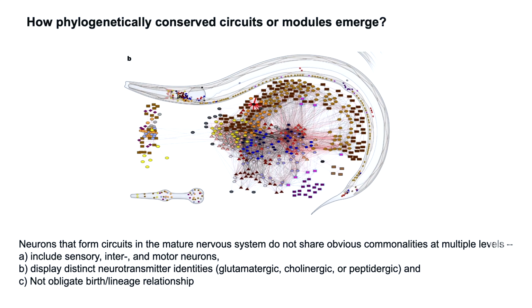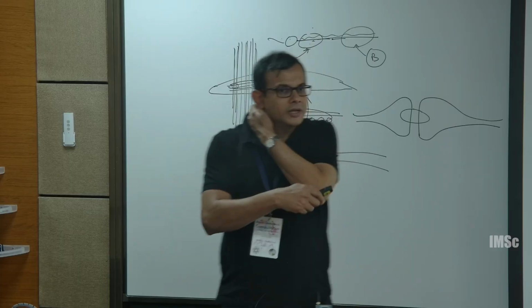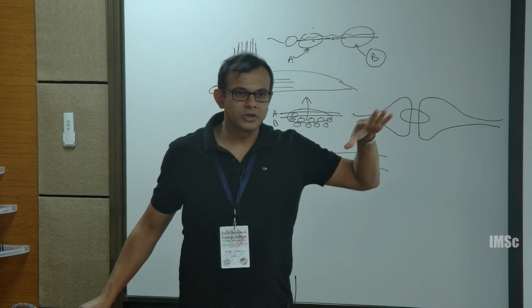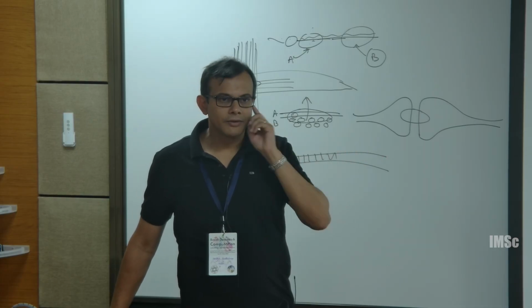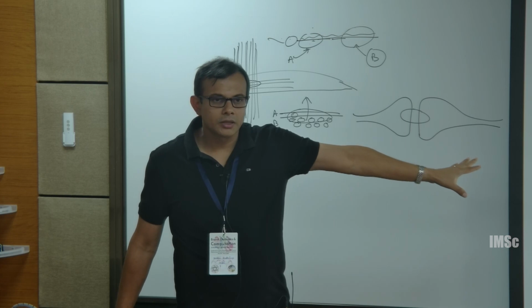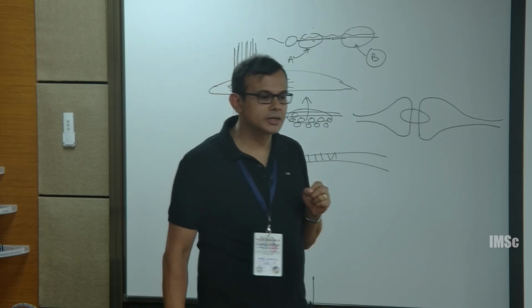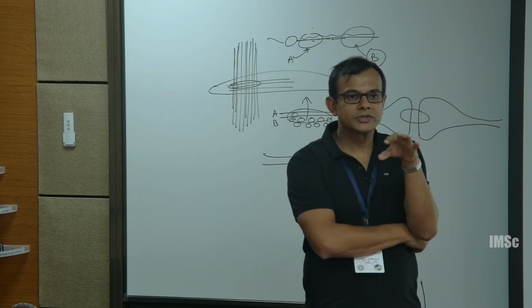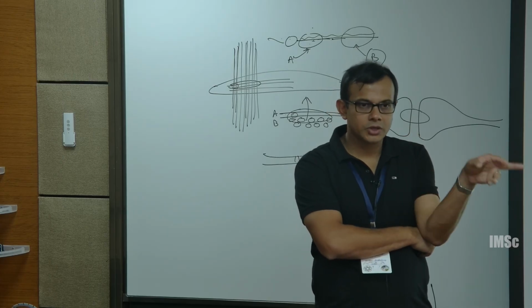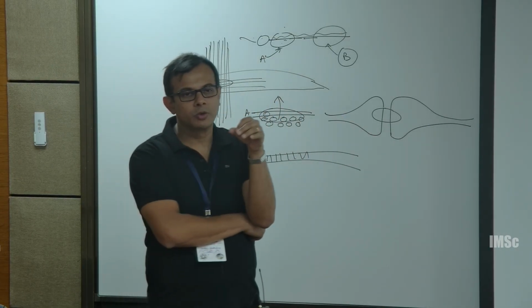Between the hermaphrodite and the male, is there some kind of repurposing? Yes, there is some repurposing. It's not quite evident at this resolution, but at the individual circuit level, this information is there in the connectome. What is surprising is that in many cases in higher vertebrates, there is a lot of synaptic pruning during development or sexual maturation, puberty.